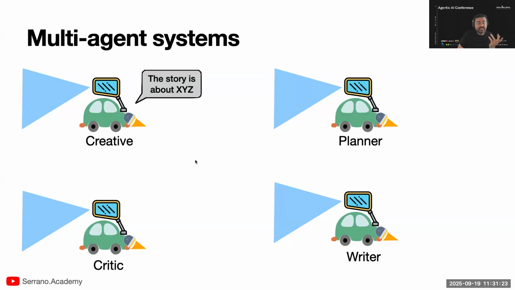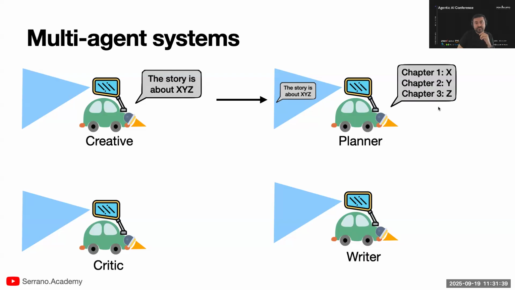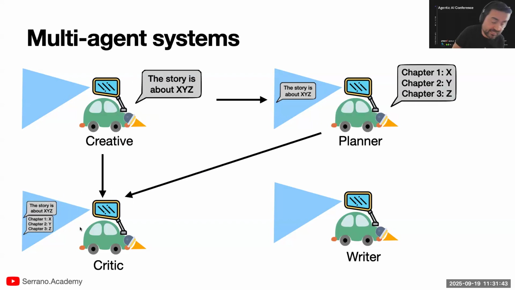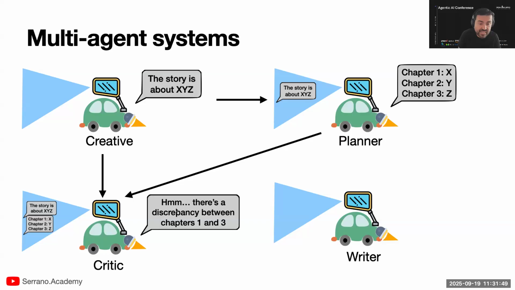So for example, the creative one writes the story concisely in a small context window, and then gives it to the planner. Notice that everything is put into the rearview mirror. The planner, using the rearview mirror, creates the chapters, okay? Gives it to the critic. Models are much better critics than they are creators. So it's very easy for it to tell, hey, there's a discrepancy between chapters 1 and 3.